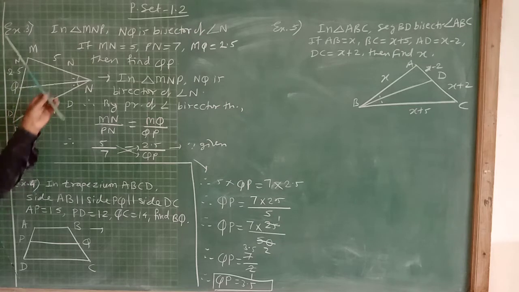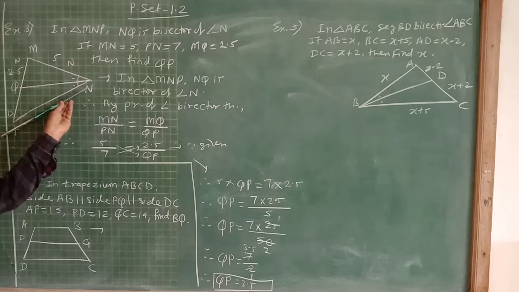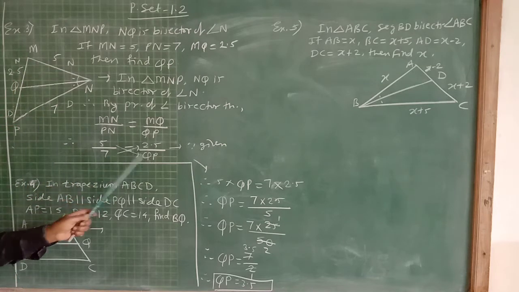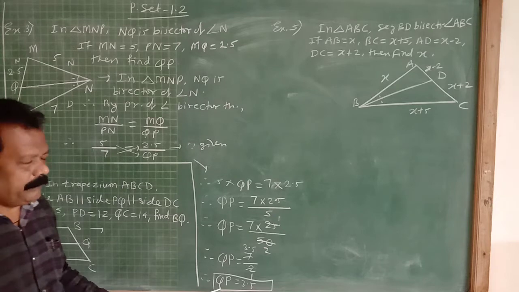So MN upon NP, first take the ratio of those sides, and then take the intercepts made by this angle bisector. So MQ upon QP equals MN upon NP.